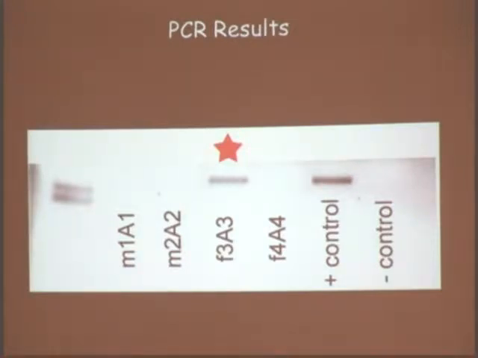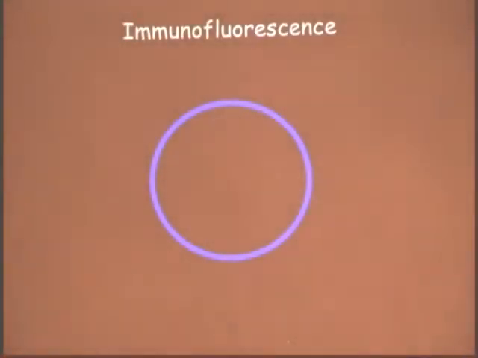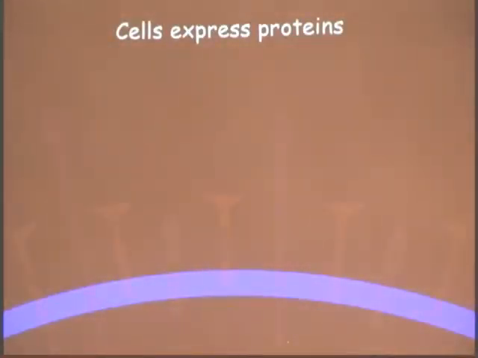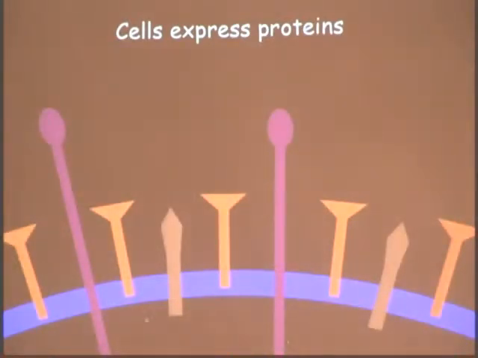To test now whether the Purkinje cells were affected by the loss of Engrailed 1 and 2 in the granule cells, we used immunofluorescence, in which we start off with a cell. Cells express proteins in their cell membrane or any other organelle.